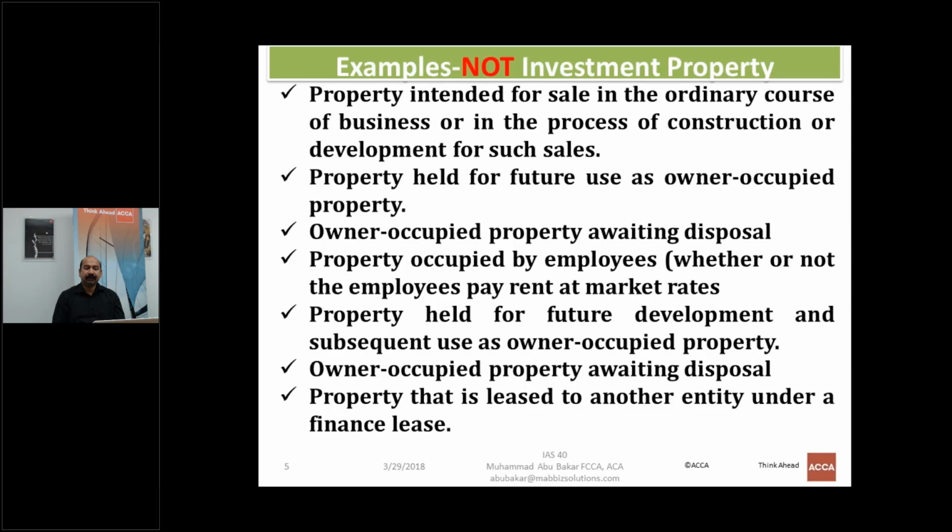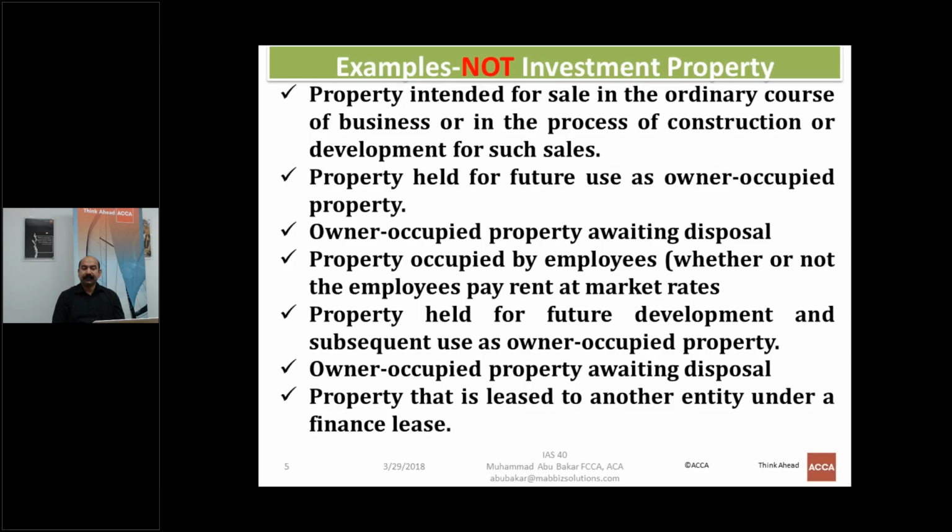Property held for future use as owner-occupied property. Owner-occupied property awaiting disposal. Property occupied by employees, whether or not the employees pay rent at market rates. Property held for future development and subsequent use as owner-occupied property.